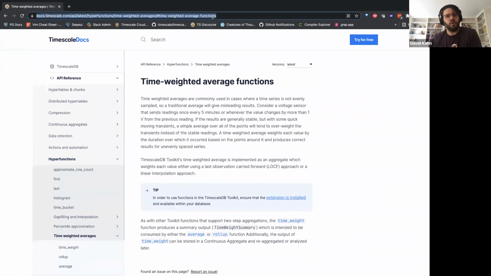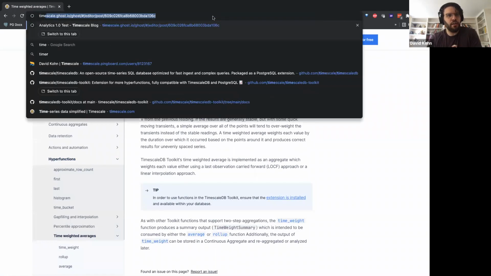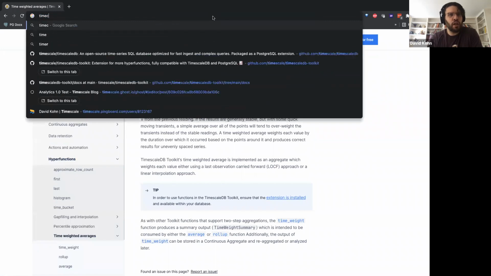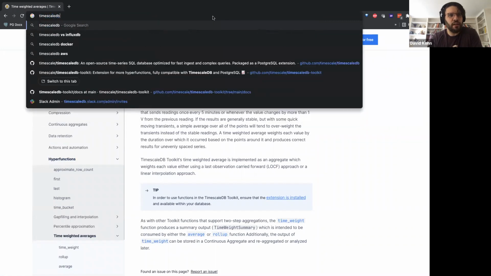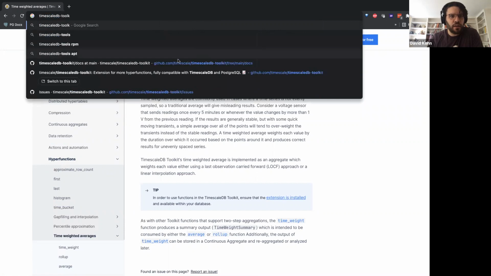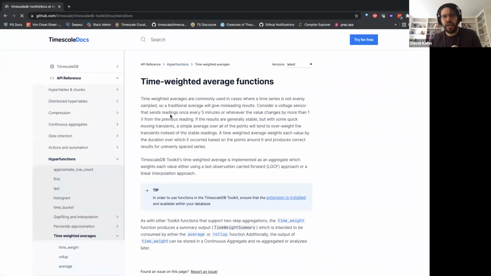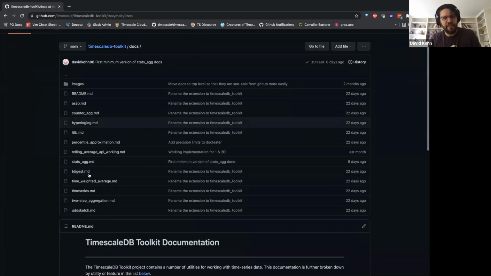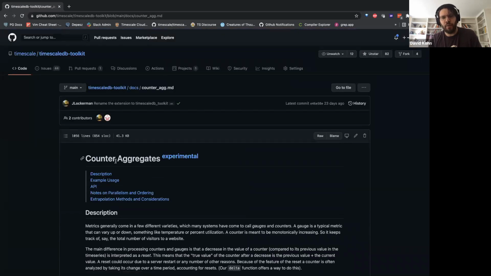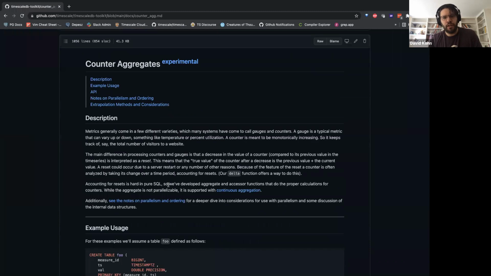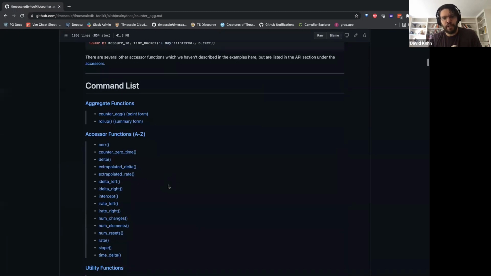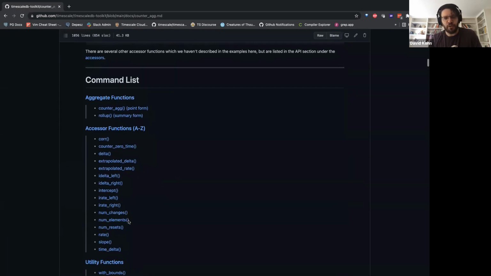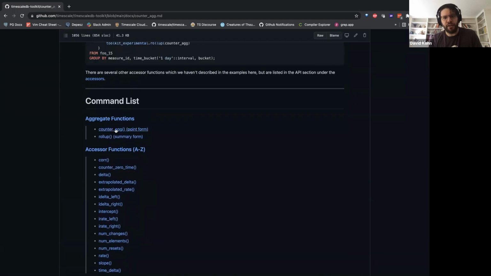And then if you go to the TimescaleDB toolkit, you can go to the docs page on GitHub, and that'll give you some of the other stuff like counter agg docs and all the stuff that's in experimental. It'll give you docs for that sort of thing. And so these are the accessor functions that we were talking about, and then the aggregate functions, et cetera. So that's all.